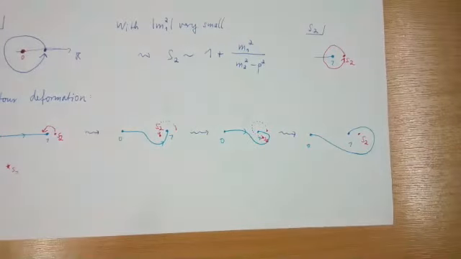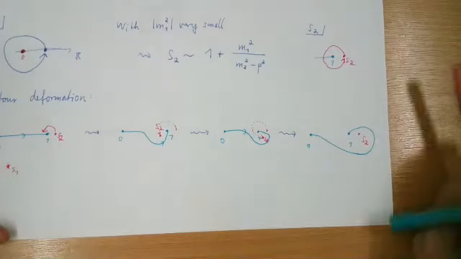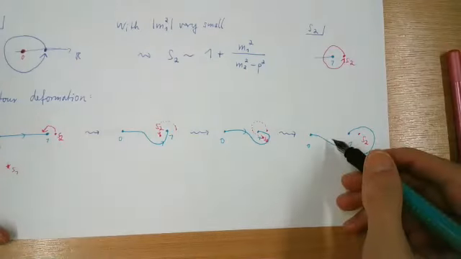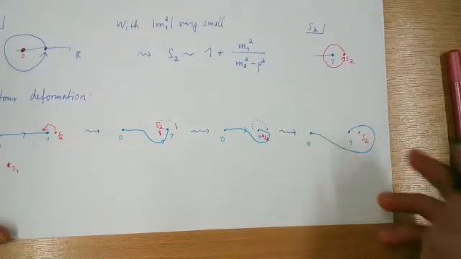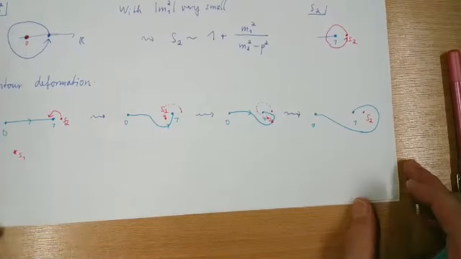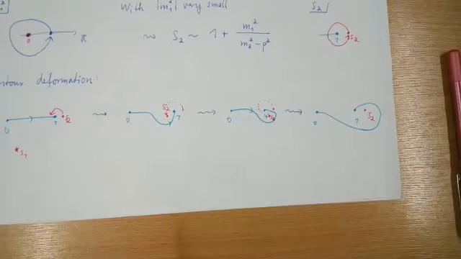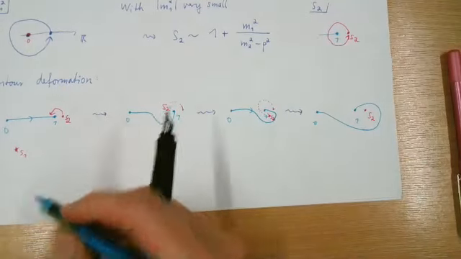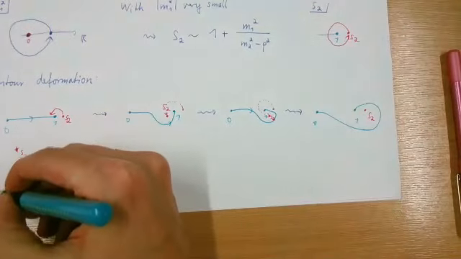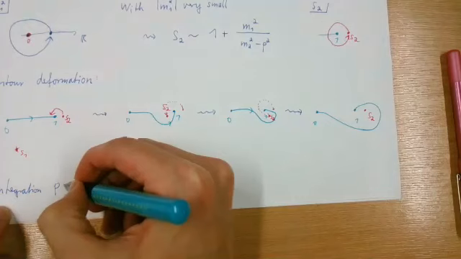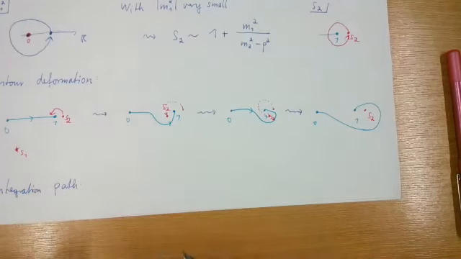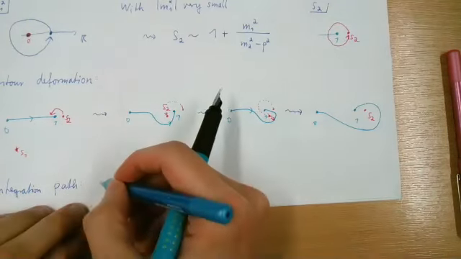Okay, so you figure out that when you do this contour deformation, in the end you're computing the integral over this contour, which is not the same contour that you started with. This is the whole point of this. So now when you look at the integration path, you have this thing.